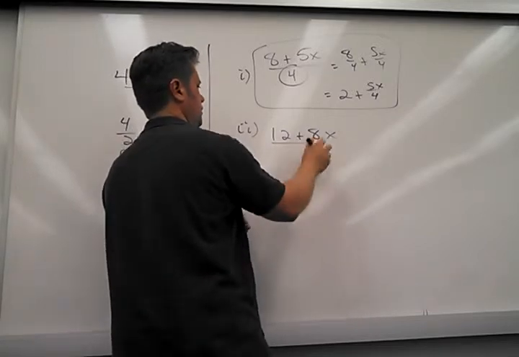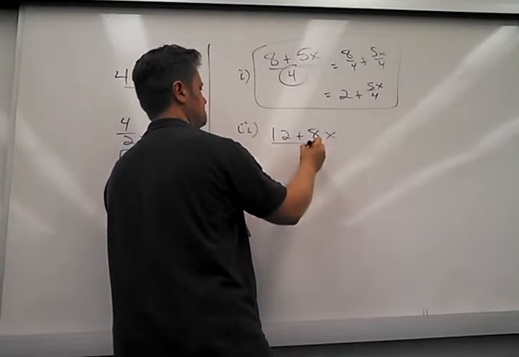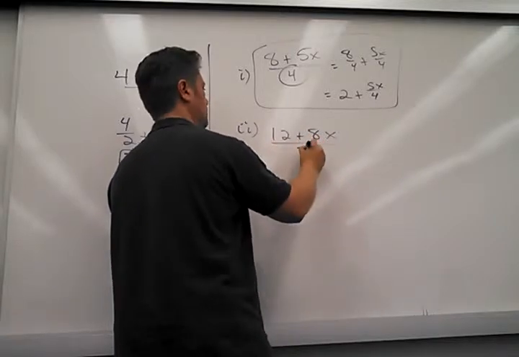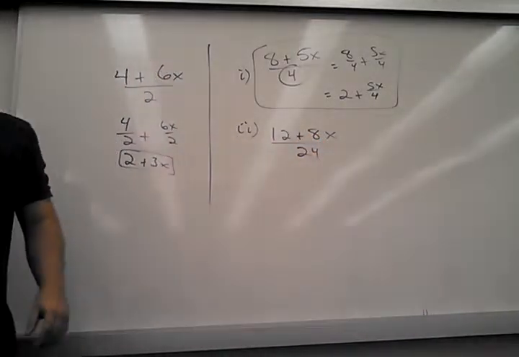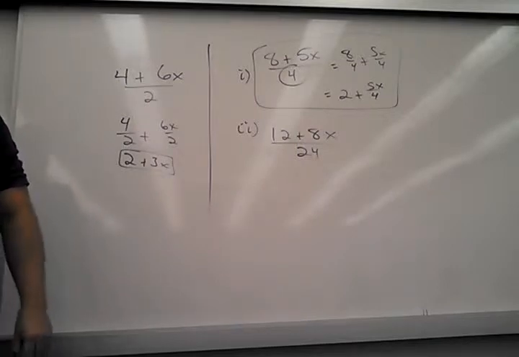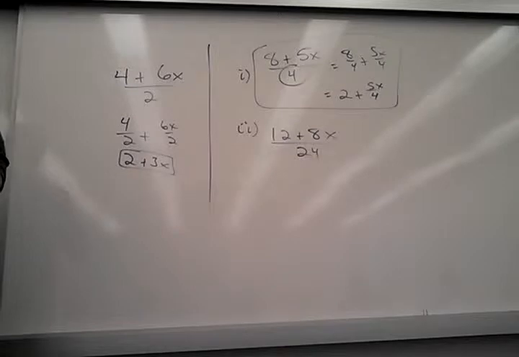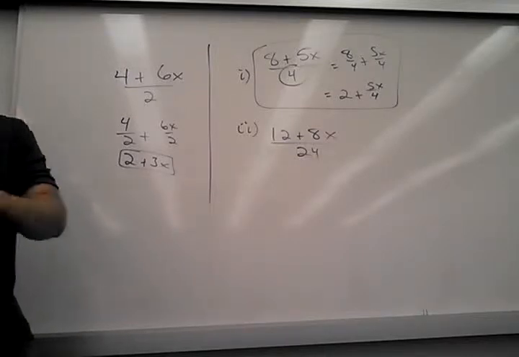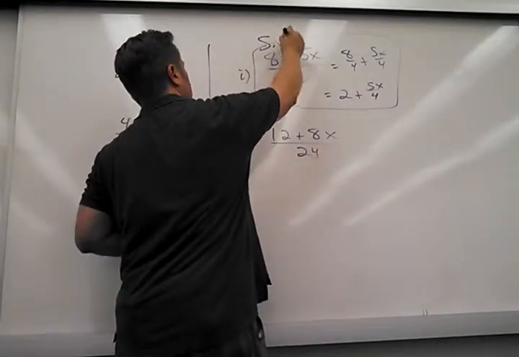Just leave it like 2 plus 5x over 4. That's the solution? So that's it? That's the answer for the last one? That's just simplified, exactly. It's not an equation, it's just an expression. And it would say simplify. So I've simplified it as much as I could. So the instructions here would say simplify.